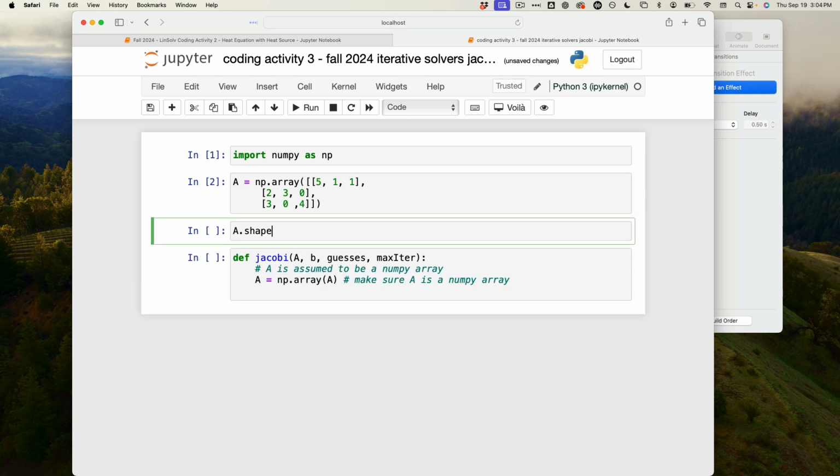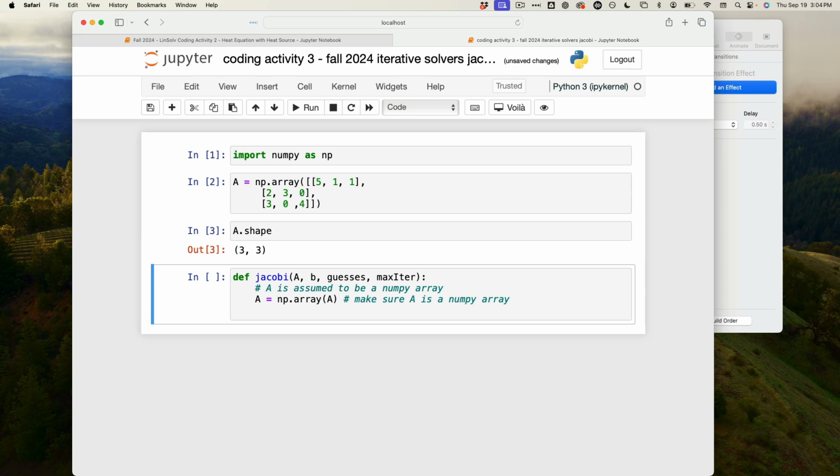A.shape is going to give me the shape of that array. You can do this for 1D arrays, 2D arrays, whatever. Now, we're using a 2D array to represent a matrix, but A is not technically a matrix in Python. It's just a two-dimensional array, but we're using it to represent a matrix. So it's 3 by 3. And then we can benefit from this function to get the number of rows and number of columns.